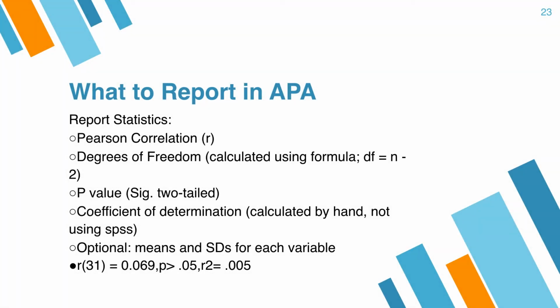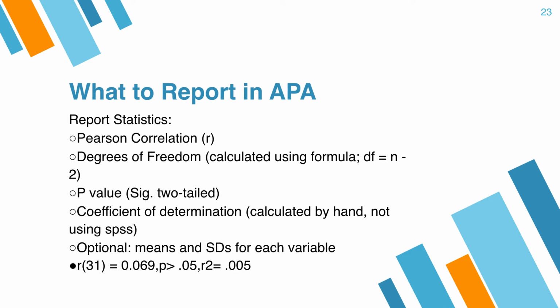Now, what to report in APA is actually fairly simple. All you need is the Pearson correlation, or R, the degrees of freedom, which, if you remember, is also on the chart in the output window. But also remember that our degrees of freedom is calculated using n minus 2, not 1, or you'll get the wrong degrees of freedom.